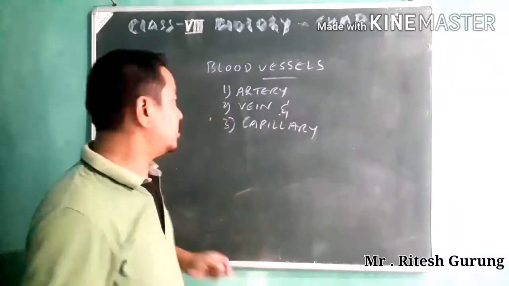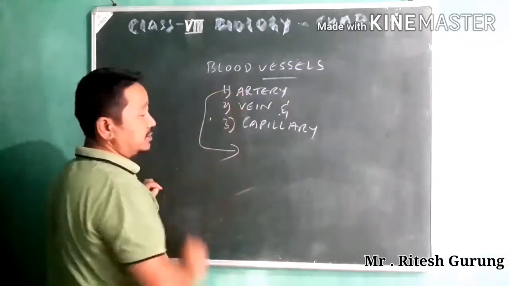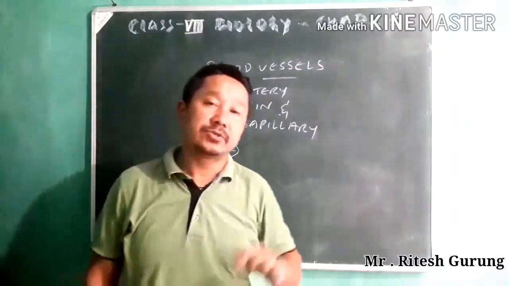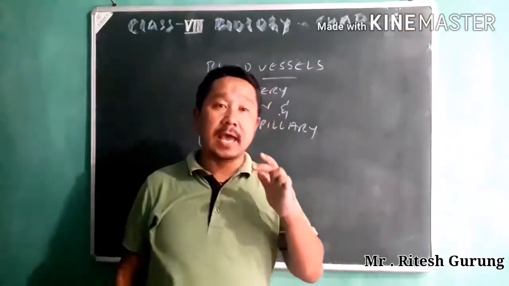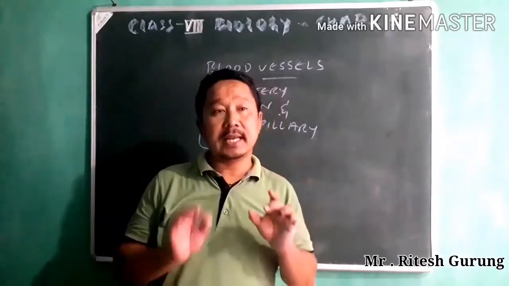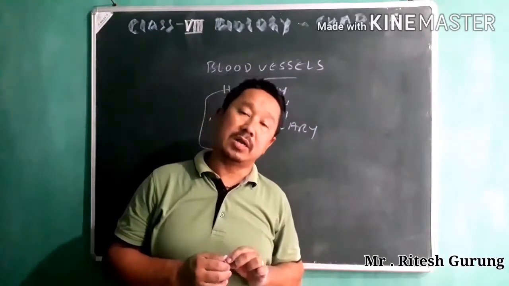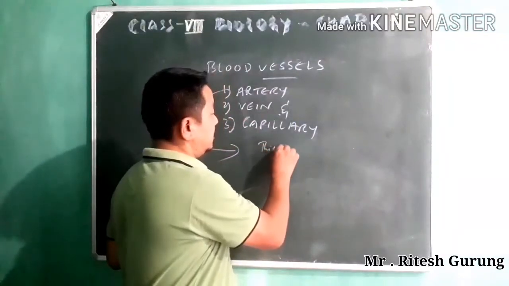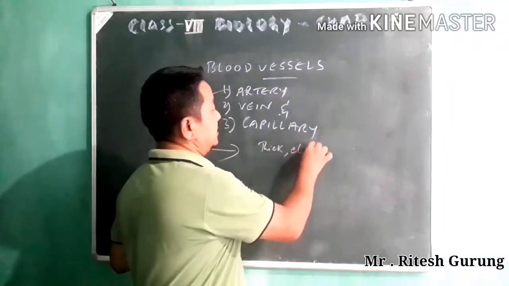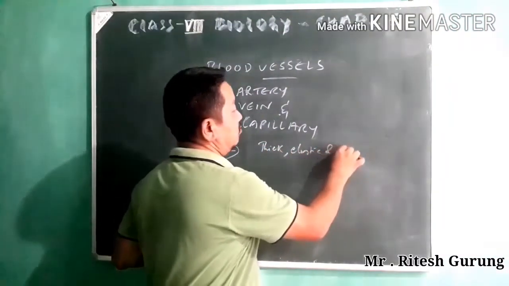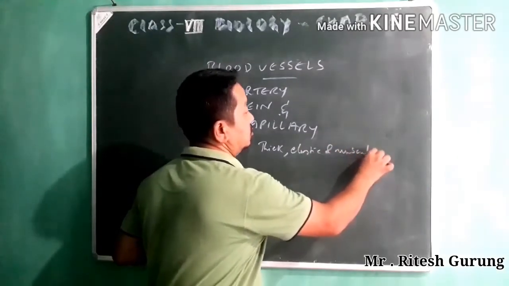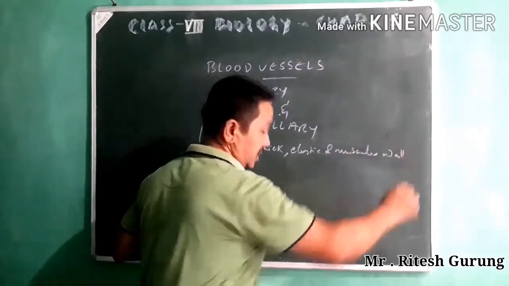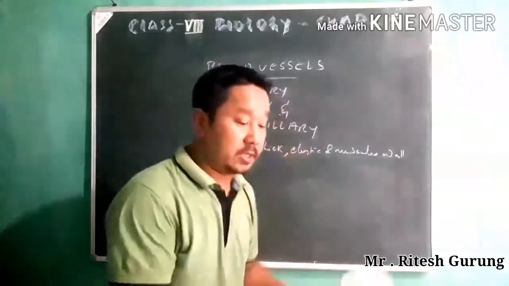So let's talk about arteries. Arteries have a thick, elastic, and muscular wall, which is also shown here in the diagram.